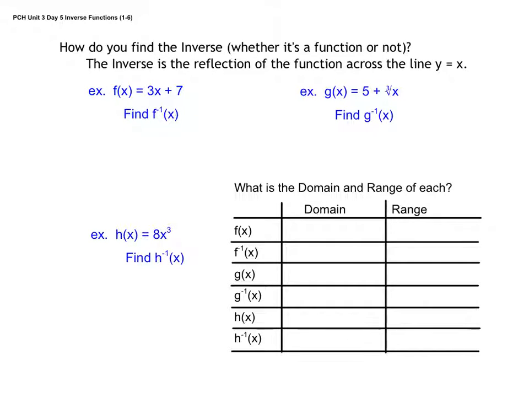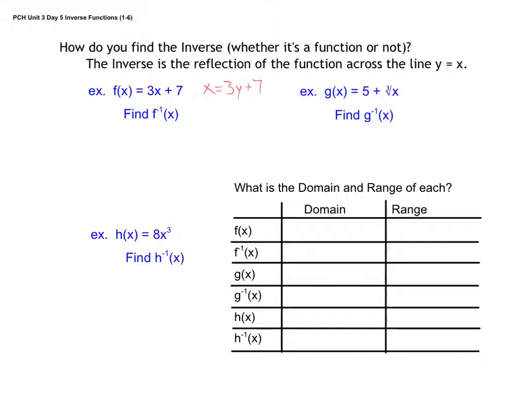Okay, so here I have f of x is 3x plus 7. If I switch the x and y, so instead of y is 3x plus 7, I make it x is 3y plus 7, that will enable me to find the inverse.